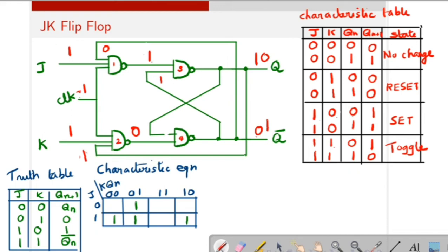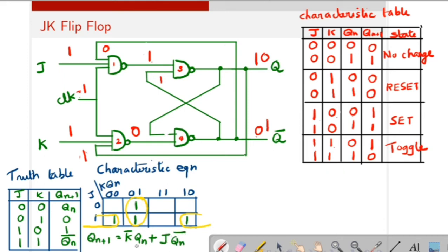Right? So next we can perform grouping. Here we can form a pair and another pair by grouping these ones. Next we can write the equation. Qn plus 1 is equal to, for this pair, J is cancelled, so K bar Qn, plus, for this pair, K is cancelled, so J Qn bar.